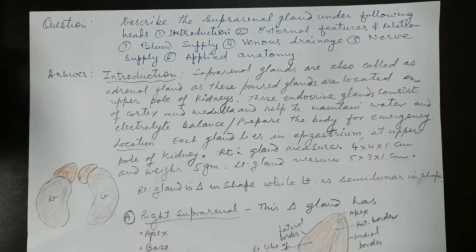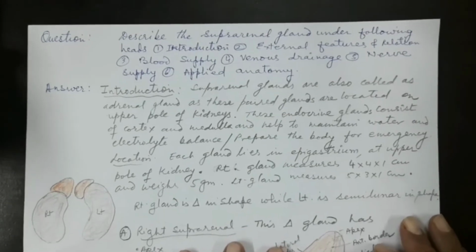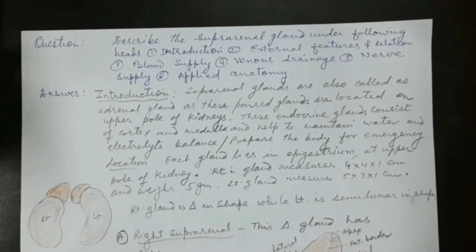On the upper pole there is the presence of these glands, and they are called suprarenal glands or adrenal glands. Now these endocrine glands consist of the cortex and medulla. If we cut a section passing through the suprarenal gland, either right or left, the outer is the cortex and the inner is the medulla.